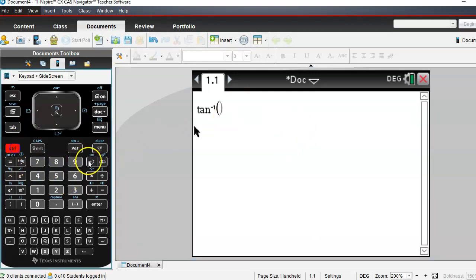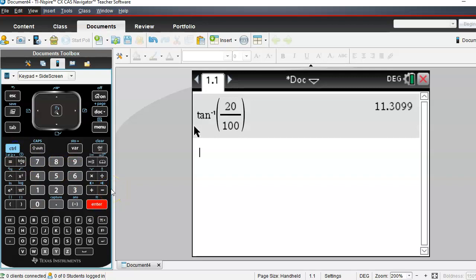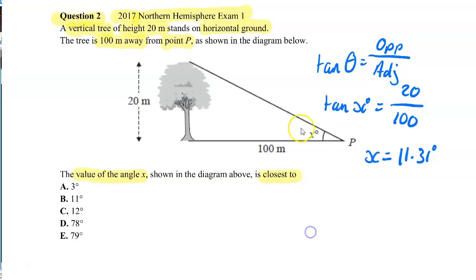Inverse tan of 20 over 100, control enter to give me approximately equal to, so x is 11.31 degrees. So that makes it closest to 11 degrees, B. And yes, that was correct.